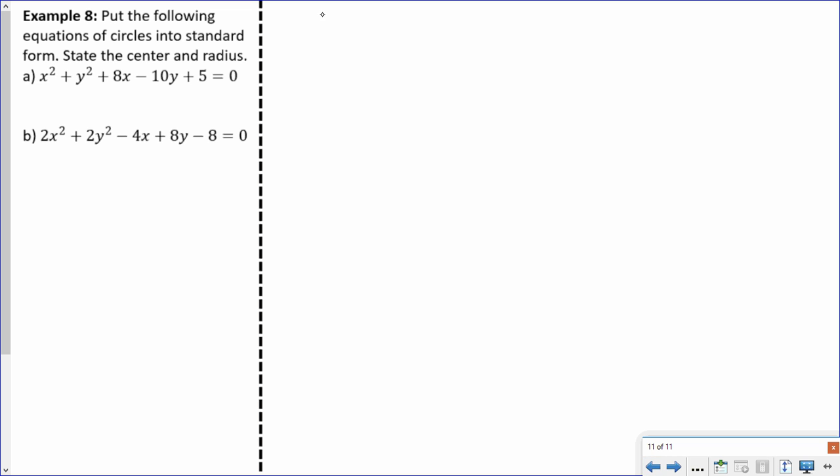Remember, we have to have some parentheses squared with x plus or minus something. Then you have to have a parenthesis with y in it plus or minus something, squared. And then it's got to equal some number squared. This does not look like that right now.